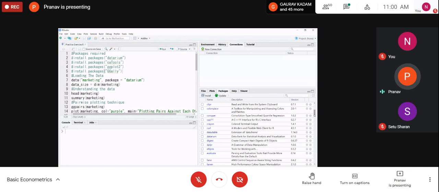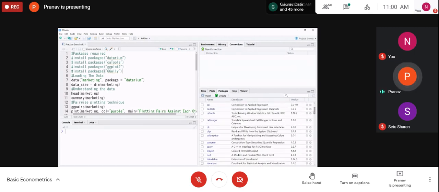Another useful package which I tell you here is the car data, companion to applied regression data sets. It also contains lots of practical exercises through which you can apply all the techniques later on.